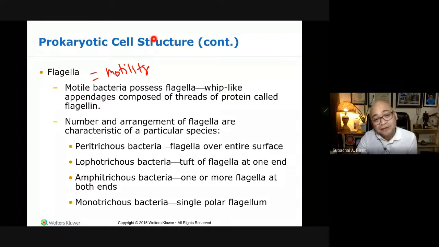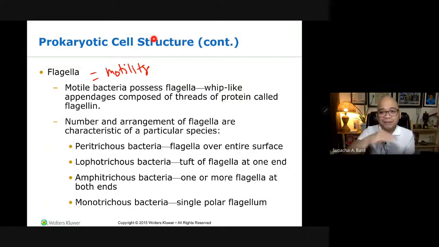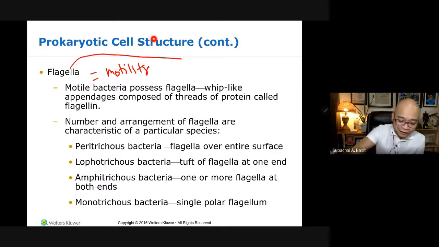Is it advantageous for bacteria to have flagella? Yes, because they can move from one place to another, especially if nutrients are no longer available. It's advantageous for them, but again, bad for us. Therefore, it is also considered a virulence factor.